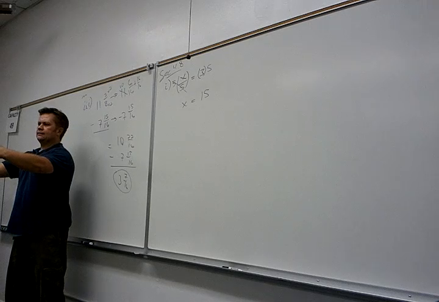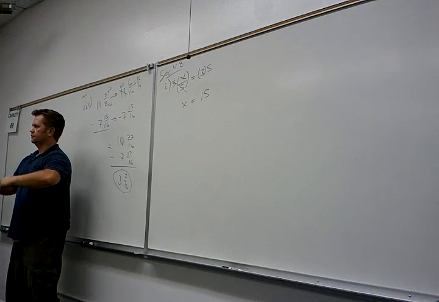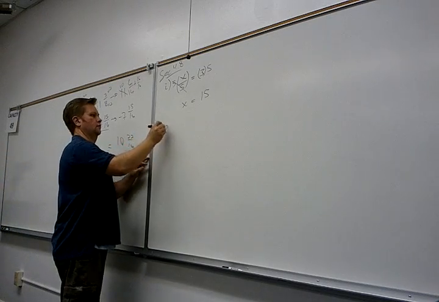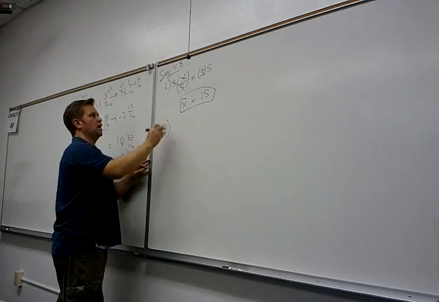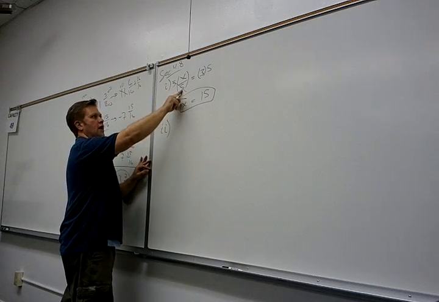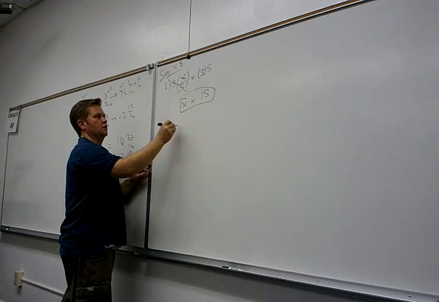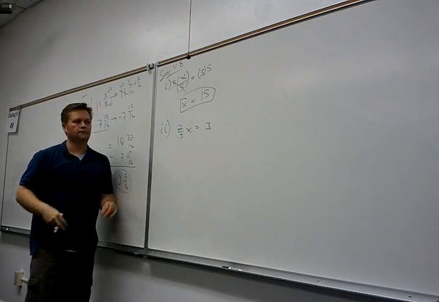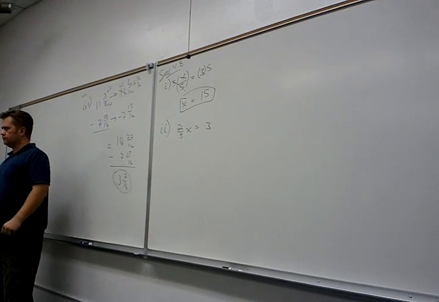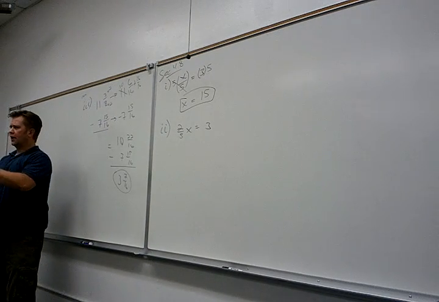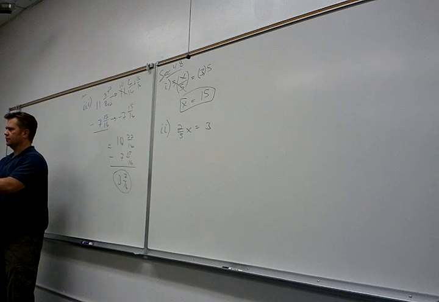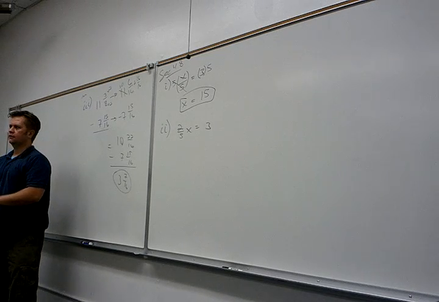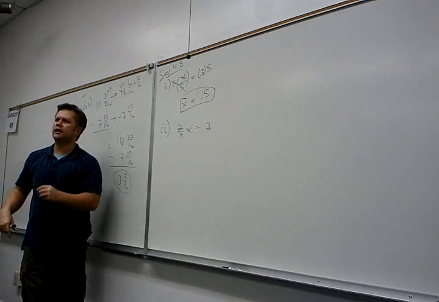Let me take the next step up from this. If I had something like 2/5 x equals 3, that certainly looks more like a fraction. There are two things to take care of here.